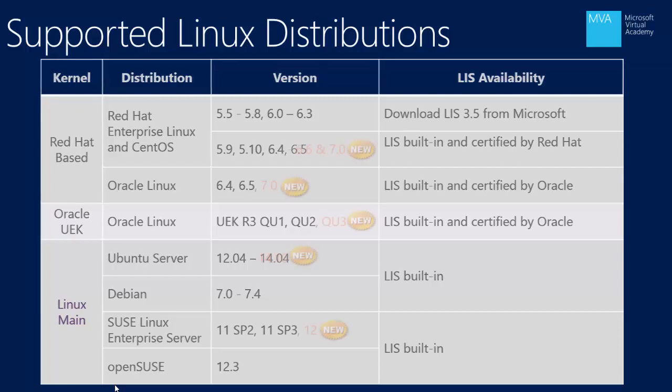And what's even better is Microsoft is keeping its investment in the Linux kernel. Whenever a supported distribution has a new version, we are working really hard to support it right away on top of Hyper-V. So you can see the newly added and newly supported versions for the supported Linux distributions here.